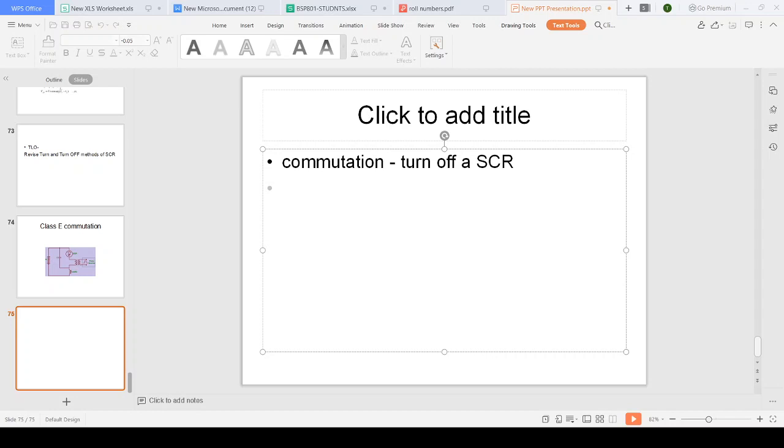First category is natural commutation, second category is forced commutation, and under the category of forced commutation there are subcategories of class E commutation and class F commutation. These are the two subcategories.